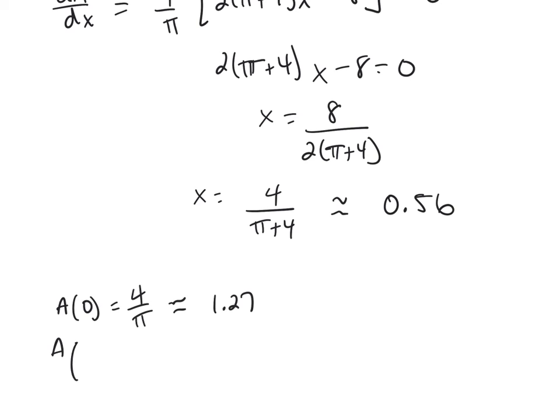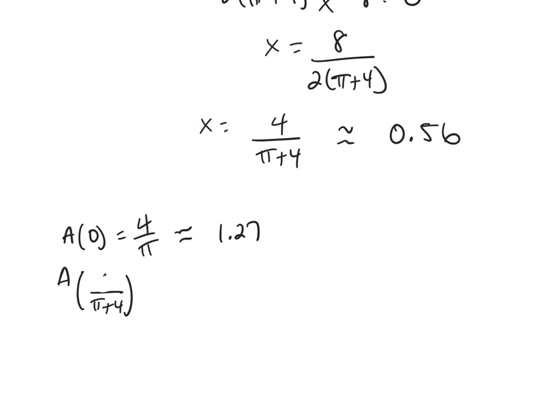If I plug in 4 over pi plus 4, about 0.56, you'll get approximately 0.56 for the area. If I plug in 1 for x, we'll be left with an area of 1.